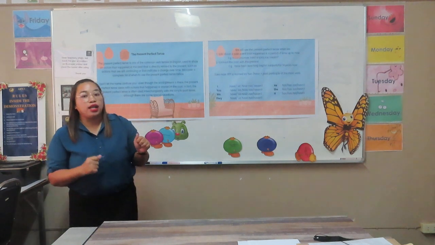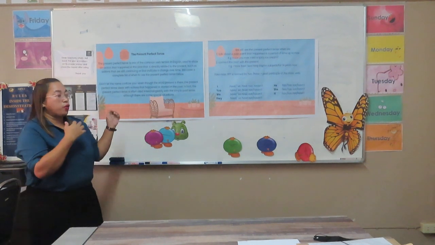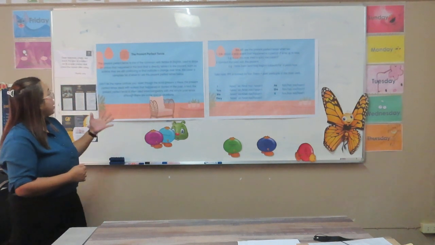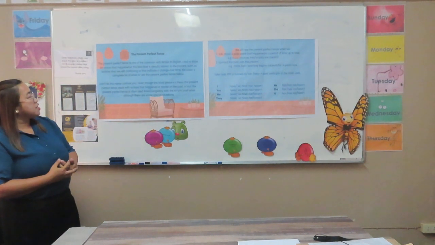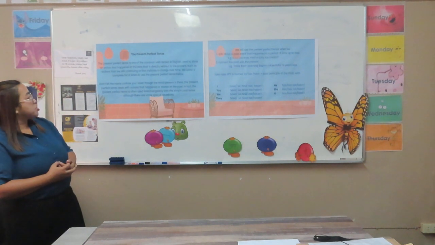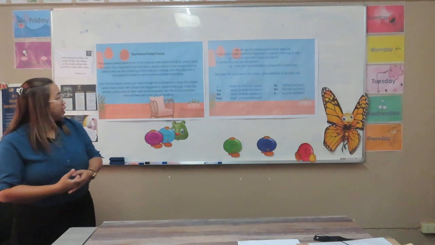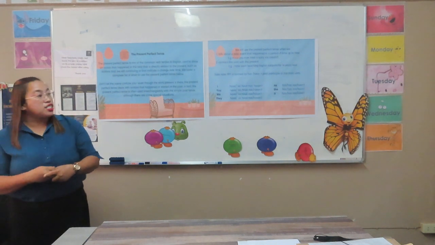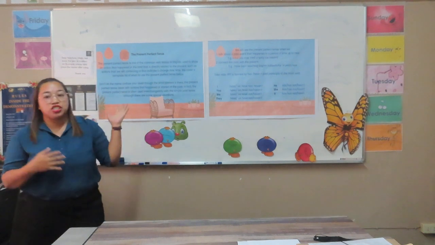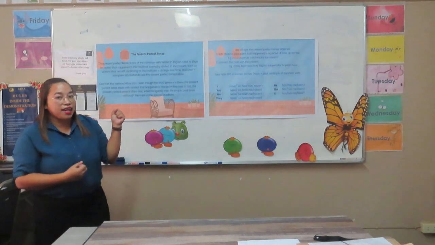Okay, again, welcome to our class. We will be discussing the present perfect tense. The present perfect tense is one of the common verb tenses. This is used to show an action that happened in the past and is directly connected to the present. For example, have you ever tried a spicy ice cream?